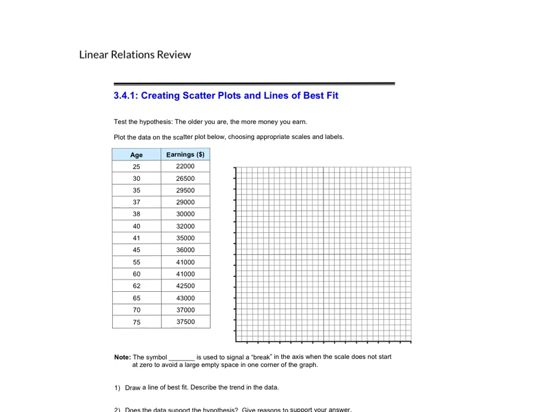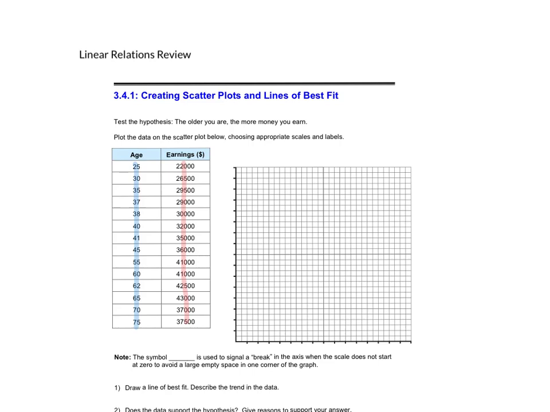I wanted to talk specifically about one point before ending. For the creating scatter plots and lines of best fit activity, I noticed that some people were having trouble creating a scale. If you look at your points here, we have our independent variable for age, and we have our dependent variable for earnings.